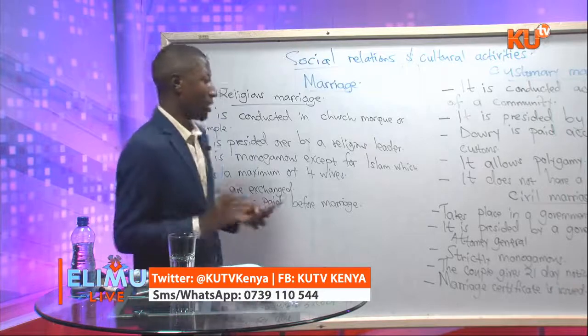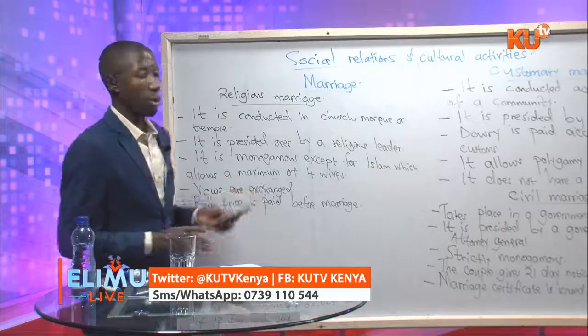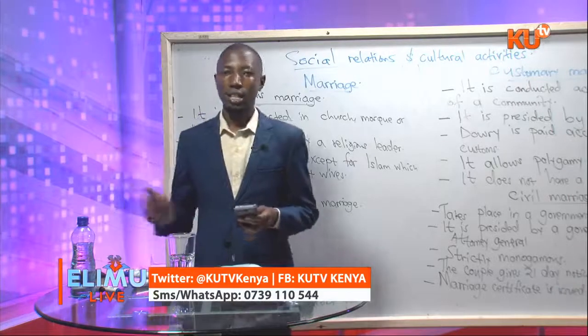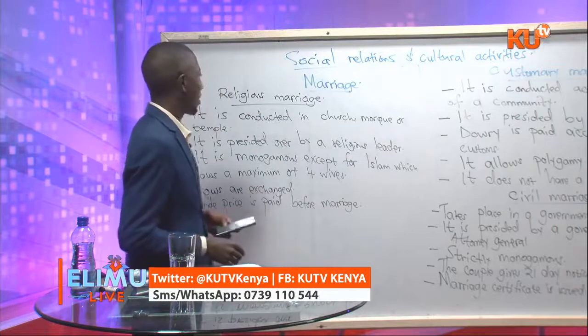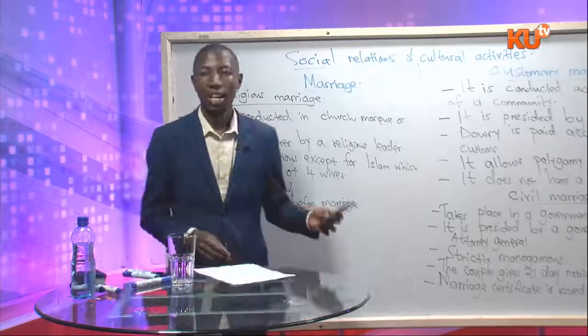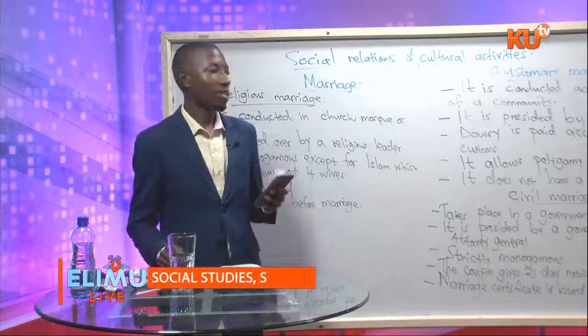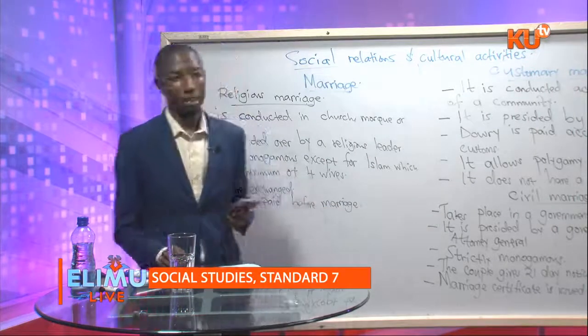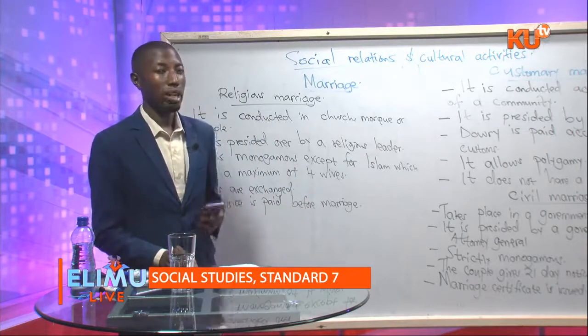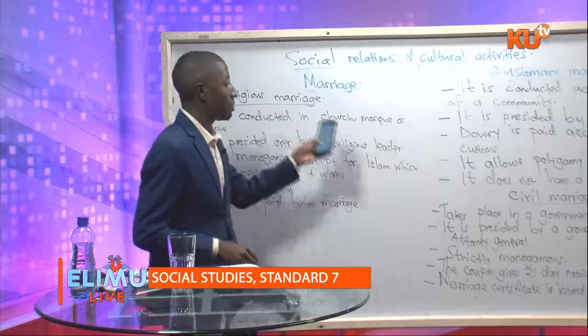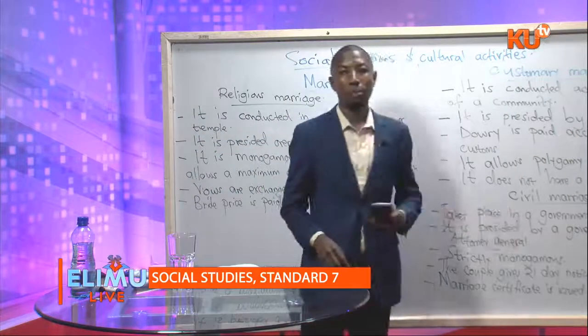So there are quite some differences. This was a KCPE question where they were asking which marriage is not polygamous. Then they gave religious marriage and they also gave civil marriage.